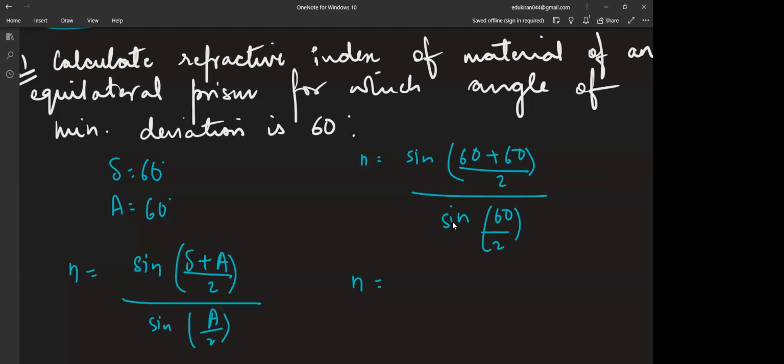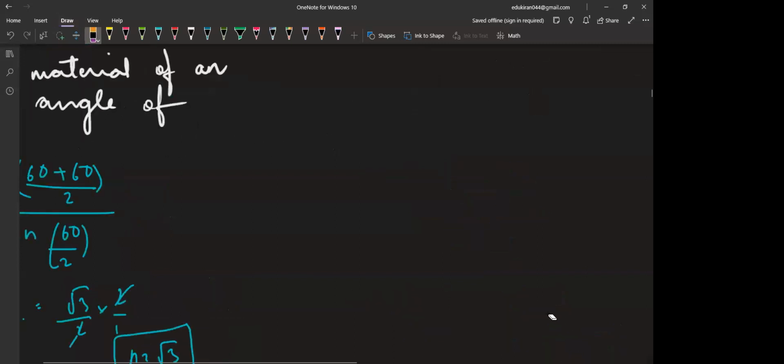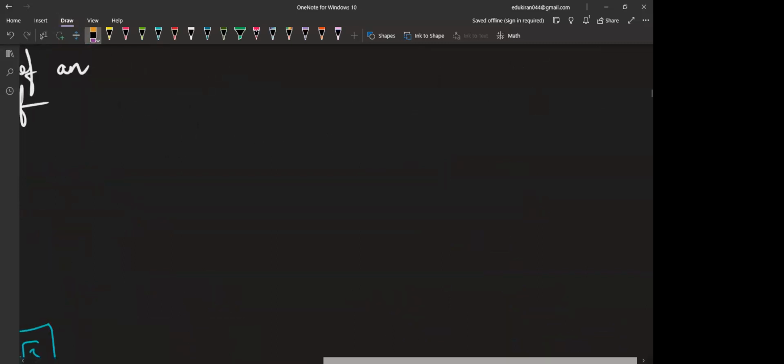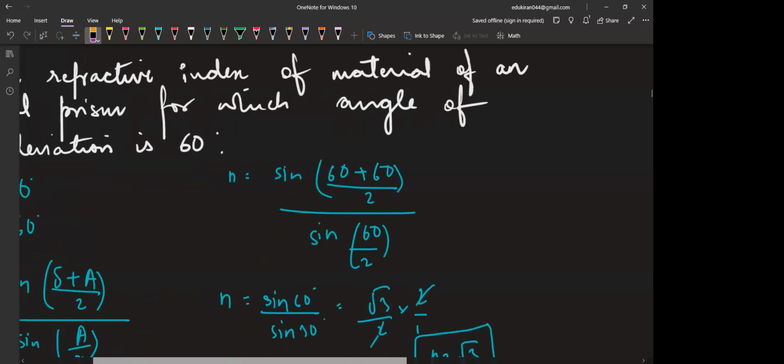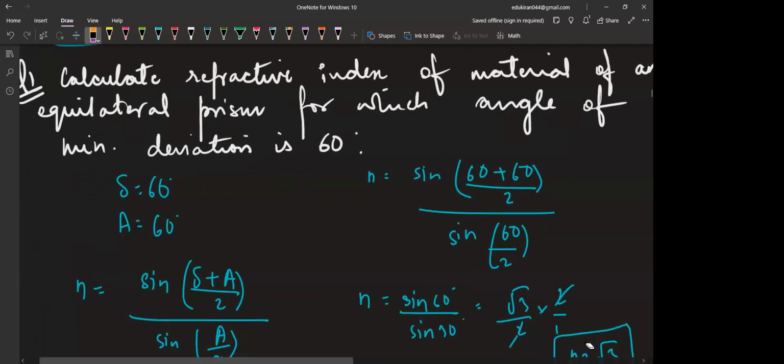So this will be equal to 120 by 2, that is 60 degree. So sine 60 degree divided by sine 30 degree. So this is root 3 by 2. This is half. So refractive index will be root 3. Write it down.